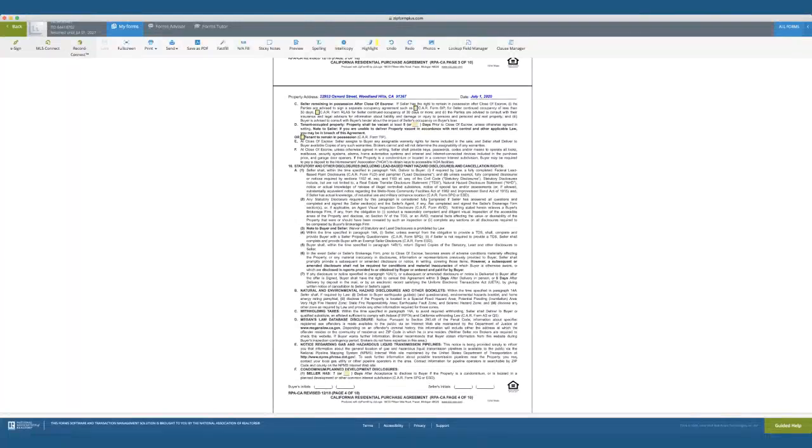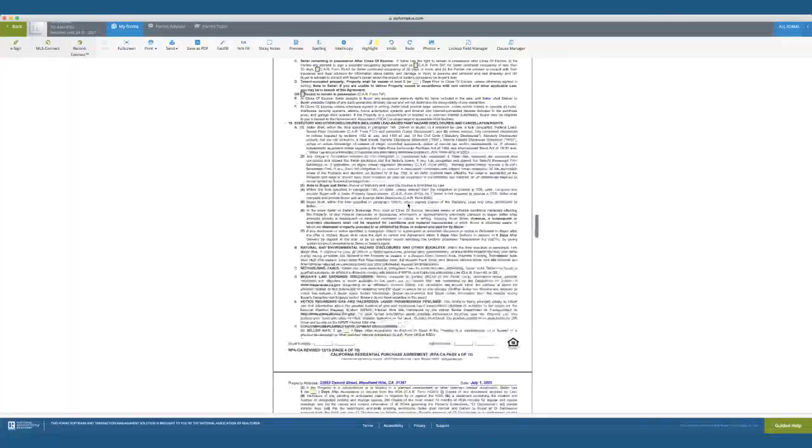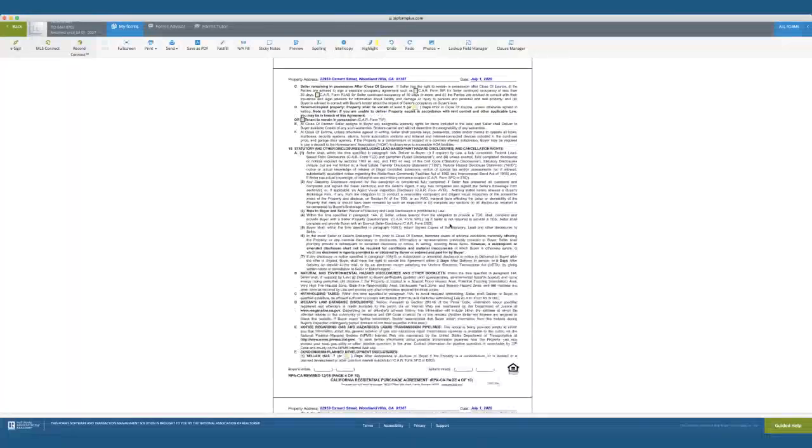So the TDS is statutory. If it's older than 78, then the lead-based paint is statutory to be disclosed. So these are all statutory requirements that the seller has to disclose to the buyer.